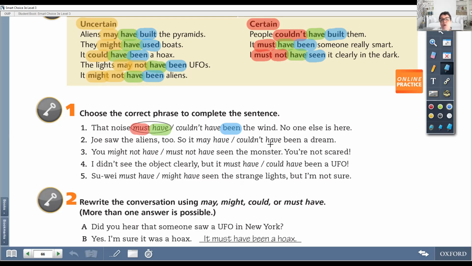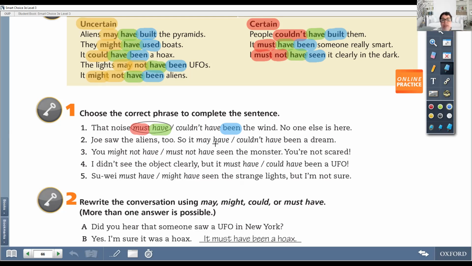So it couldn't have been a dream. Here we have couldn't have been. It's impossible that it was a dream because Joe saw the aliens too. So they must have seen the aliens because there were more than two people there probably, right? There were witnesses.